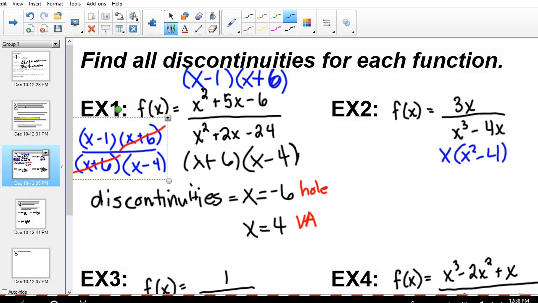All right. Will x squared minus 4 factor? It will. It's a difference of squares. So this can be x times x plus 2 times x minus 2.